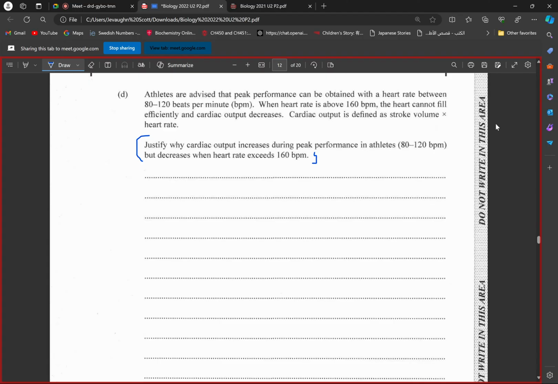First, I would divide cardiac output into its individual components and then justify why each of them increases. I would say during peak performance, nerve impulses travel along the sympathetic pathway to the sinoatrial node, which increases the frequency of contraction and hence the heart rate increases.